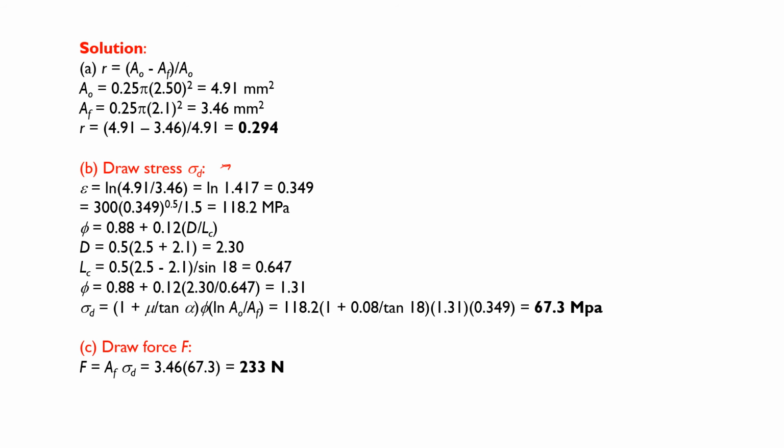The way for you to easily see what are the things that you don't have in the equation is you can go to the equation, draw stress, 1 plus, okay, so all the things are already here.